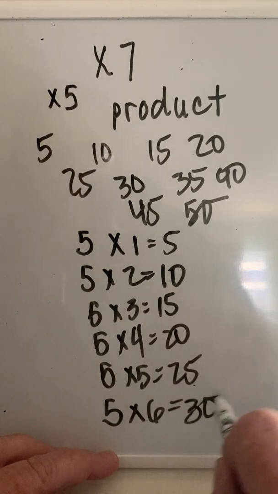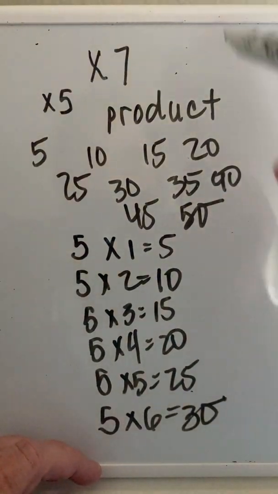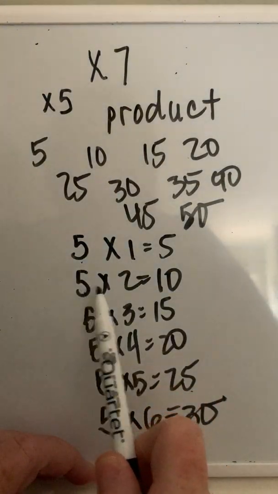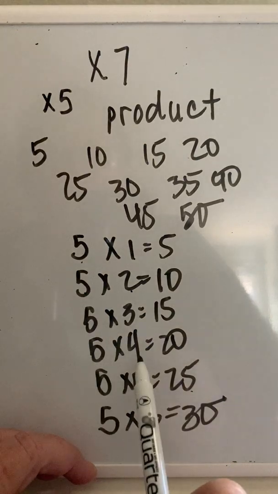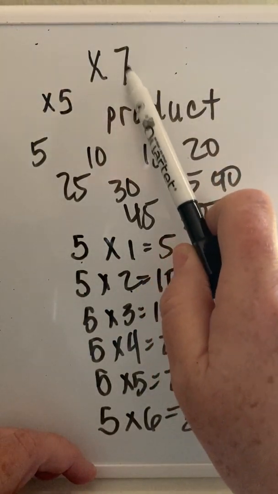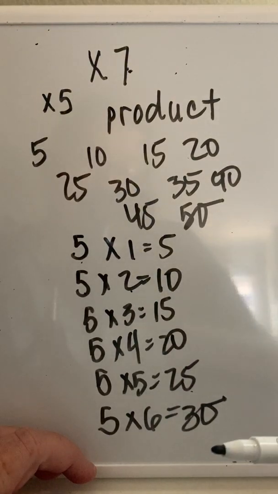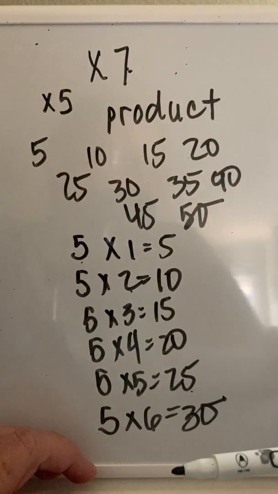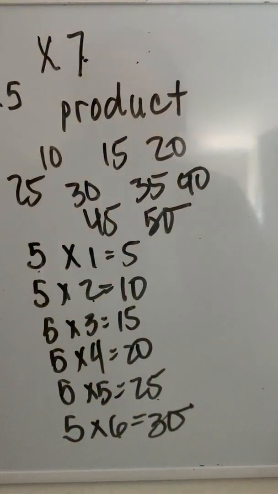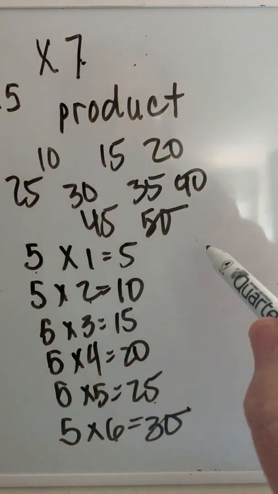We'll stop there. This means 5 1s, 5 2s, 5 3s, 5 4s, and all the way down. But we want to have 7 of those things. So side by side, I'm going to write the same problems, but times 7.